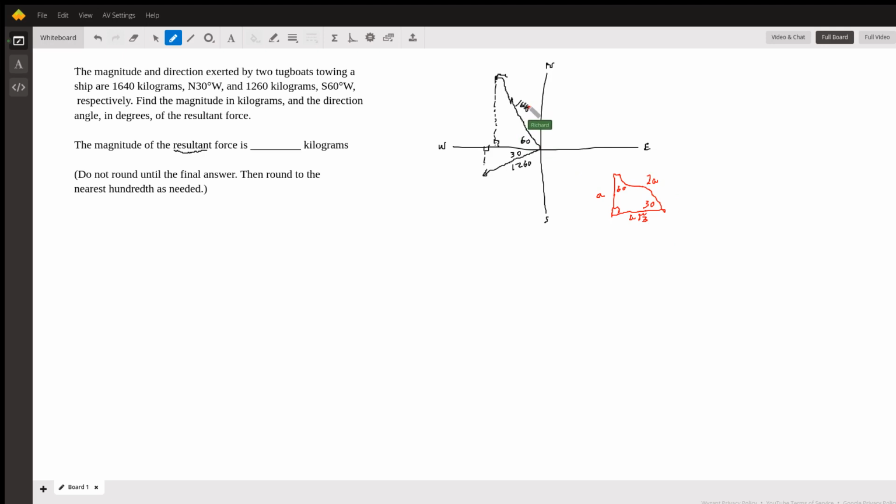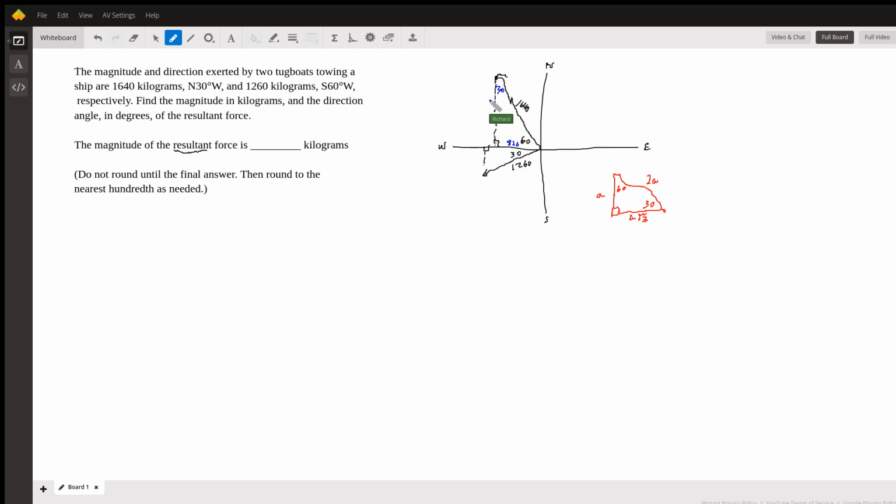So you can see that in this diagram, 1640 is 2A. So opposite the 30, here's my 30, opposite the 30 is half of that, so that's 820. See how opposite the 30 is half the hypotenuse.